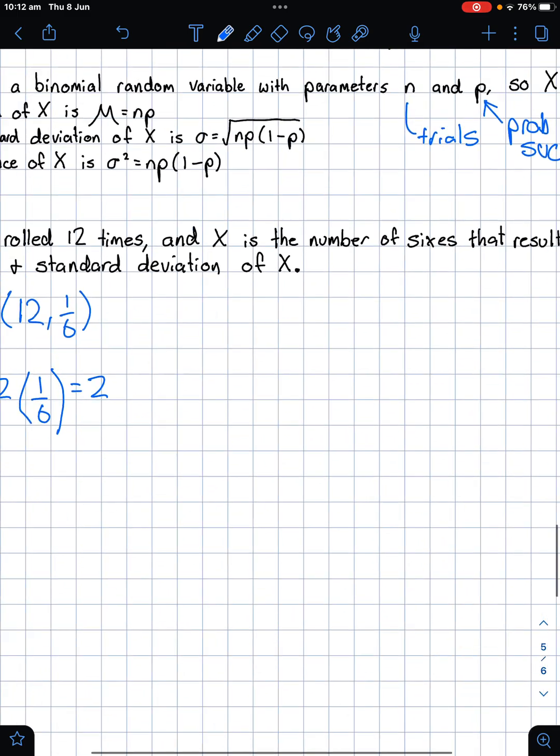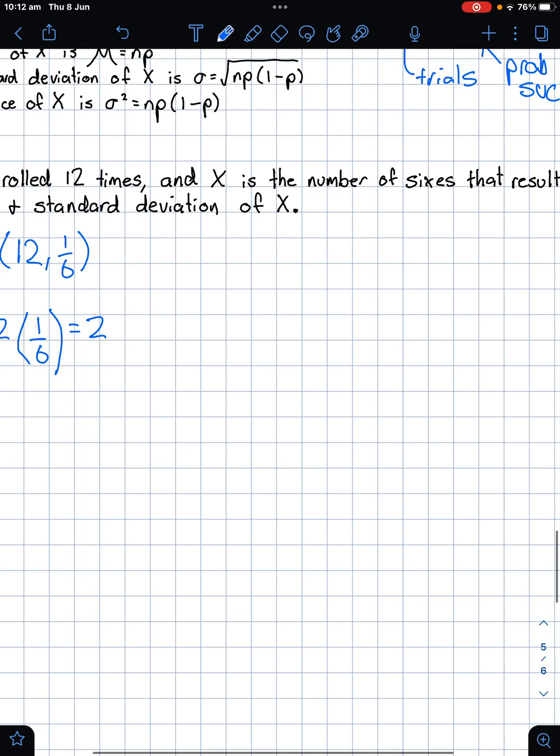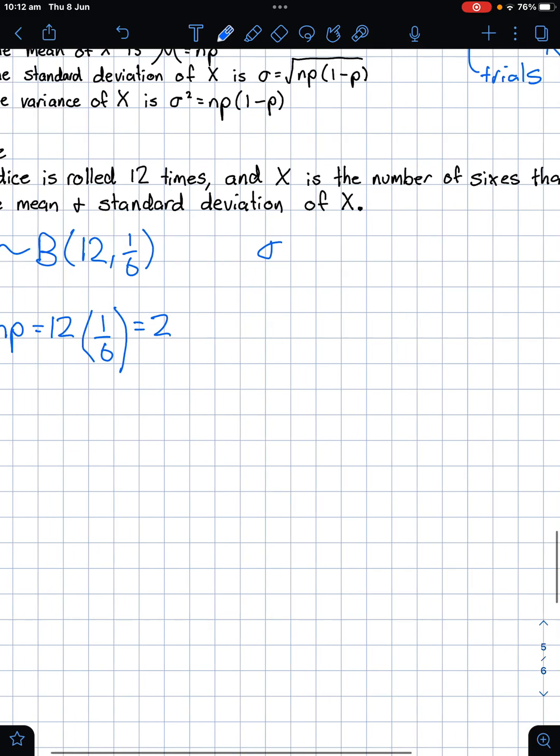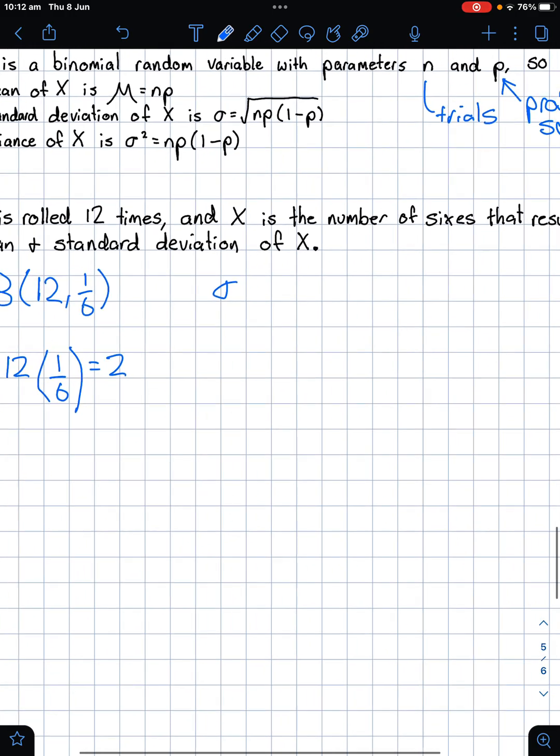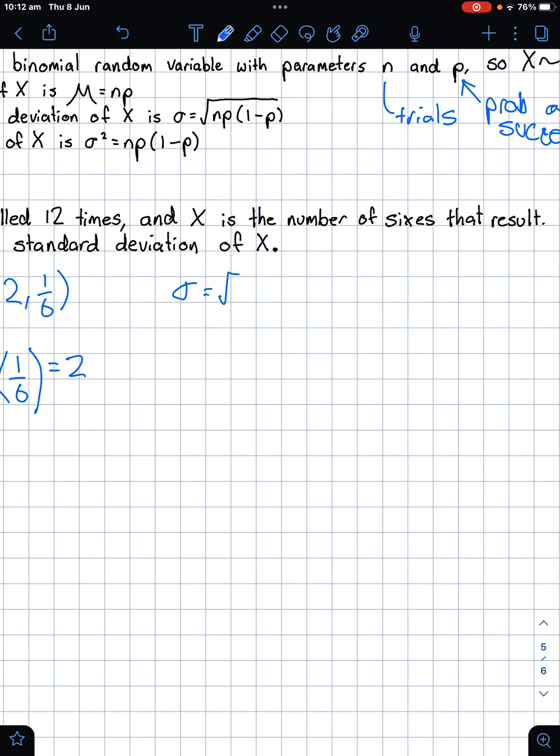We would expect 2 sixes. The standard deviation is the square root of the number of trials, 12, times the probability of success, 1 on 6, which is 2, times 1 minus 1 on 6, which is 5 on 6.